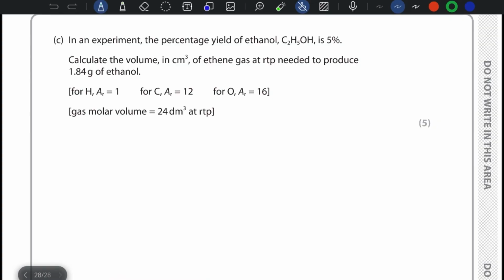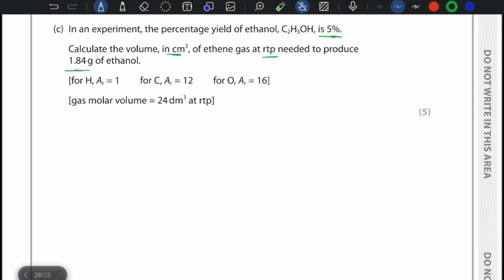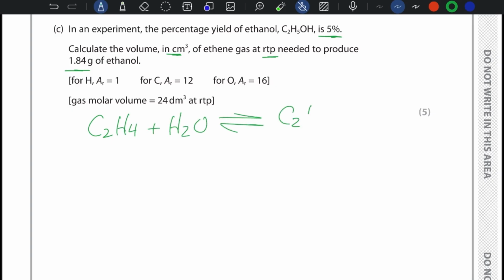In an experiment, the percentage yield of ethanol C2H5OH is 5%. Calculate the volume in cubic centimeters of ethene gas at RTP needed to produce 1.84 grams of ethanol. Let's write the equation at the beginning: C2H4 plus H2O, reversible reaction, gives C2H5OH.